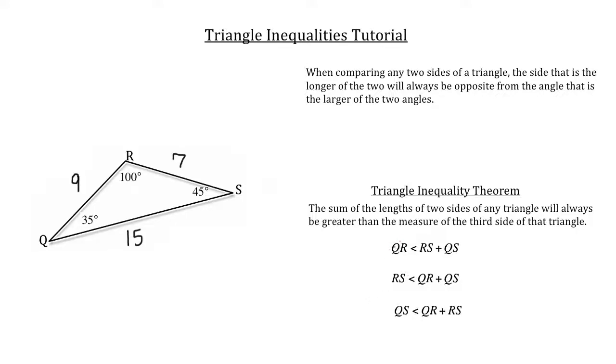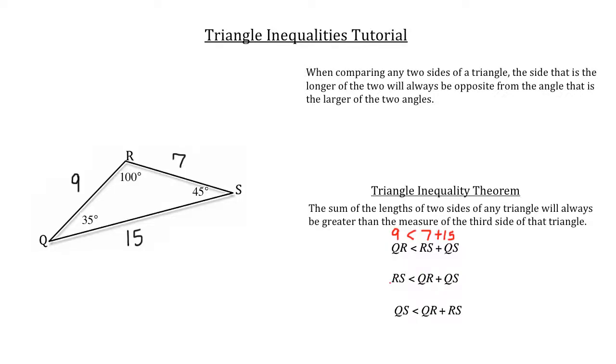I've said that segment QR is less than the sum of segment RS plus QS. Well, segment QR has a length of 9, which is less than RS, 7, plus QS, 15, because 7 plus 15 is 22, and 9 is less than 22.